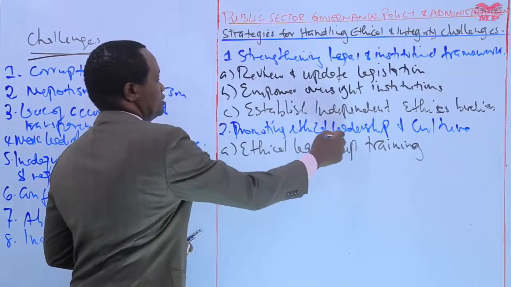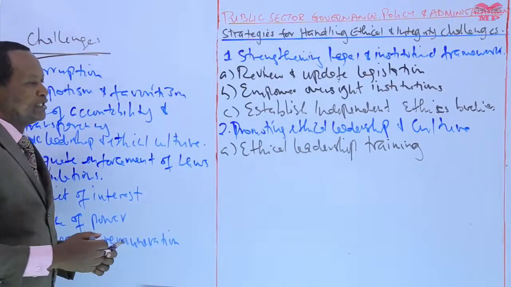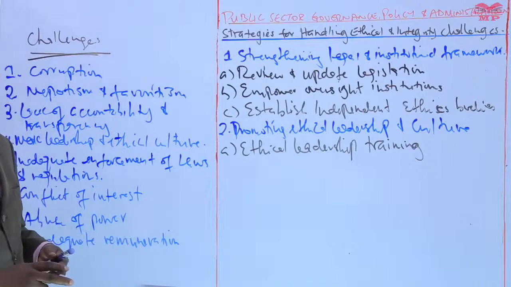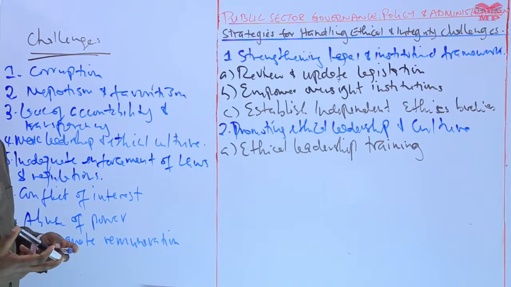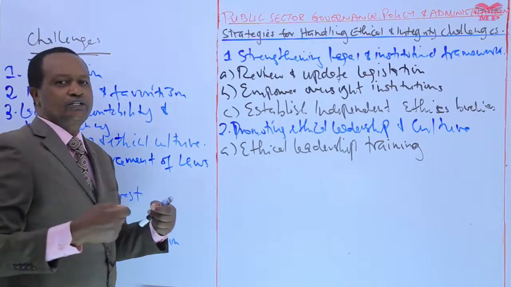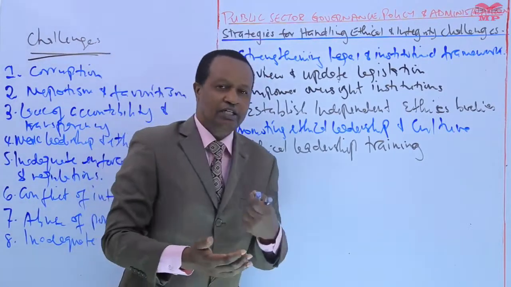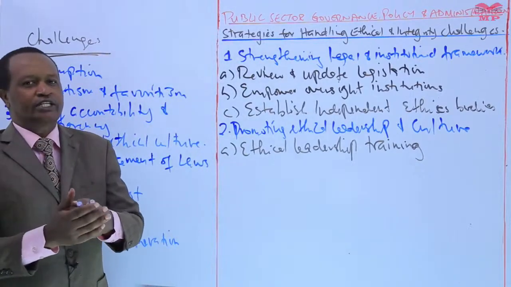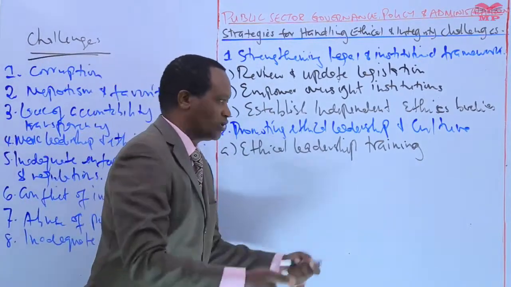One way to promote ethical leadership and culture is by conducting ethical leadership trainings. These are leadership development programs which include strong emphasis on ethics and integrity. Leaders should be equipped with the knowledge and skills to create an ethical culture in their organizations.